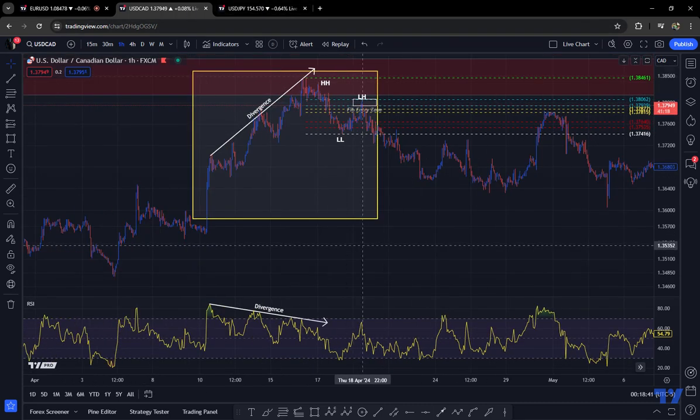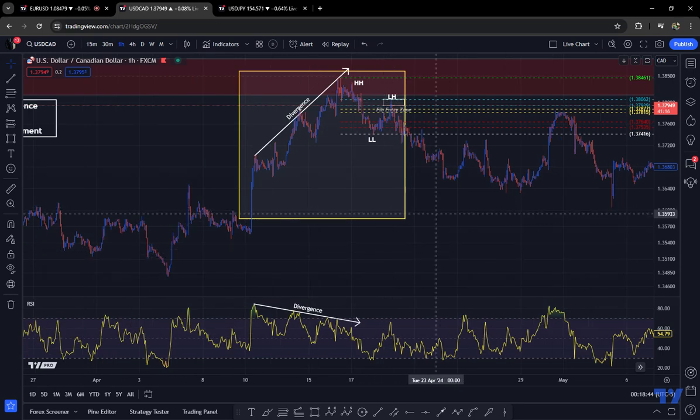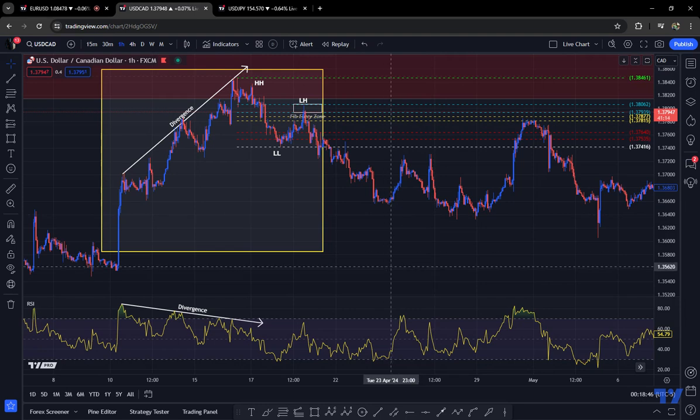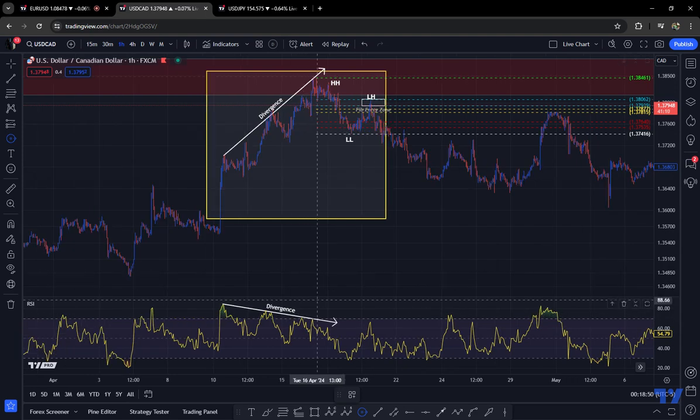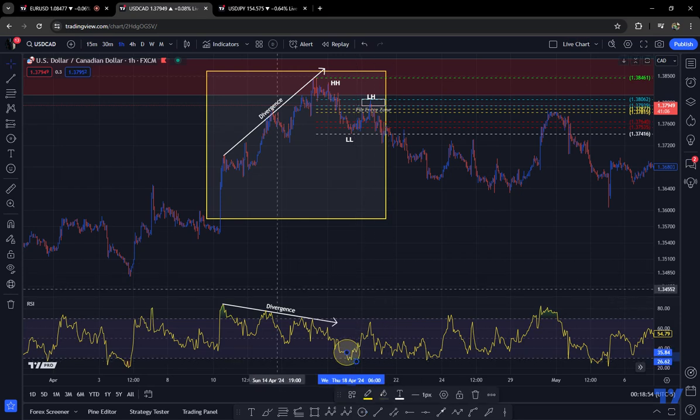Now, also along with the break of structure, as an added bonus confirmation, we see price after the divergence in the above 50 sector on the RSI.